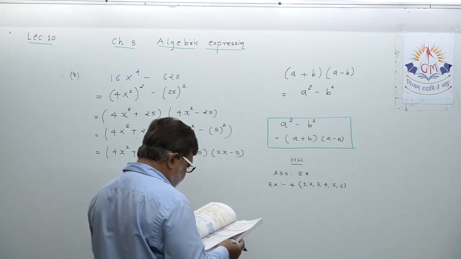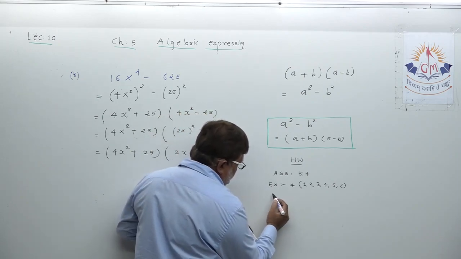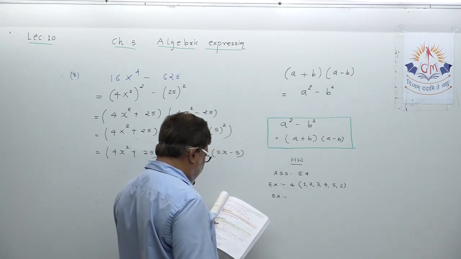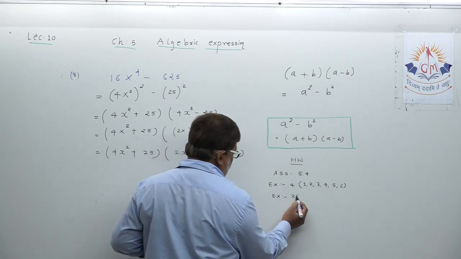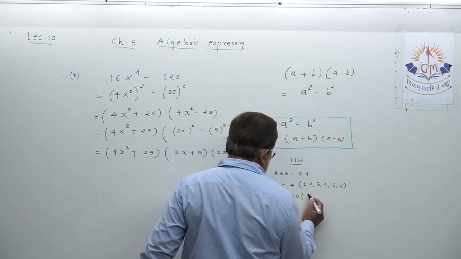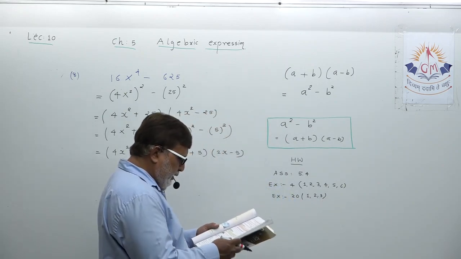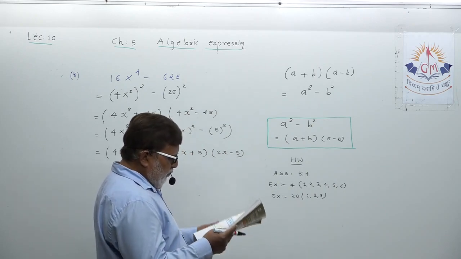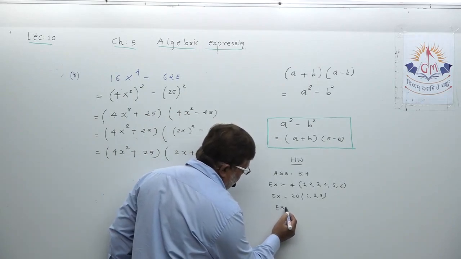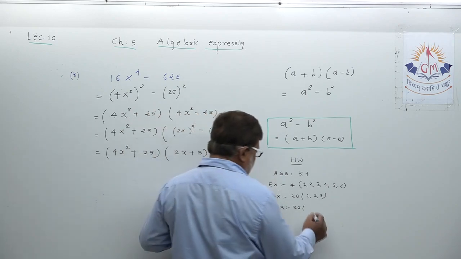Then, from example, meaning illustration, this is illustration 20. You have to do number 1, 2, 3. In this order only you have to do your homework. Then next, dear student, from example 20, you will do number 3.